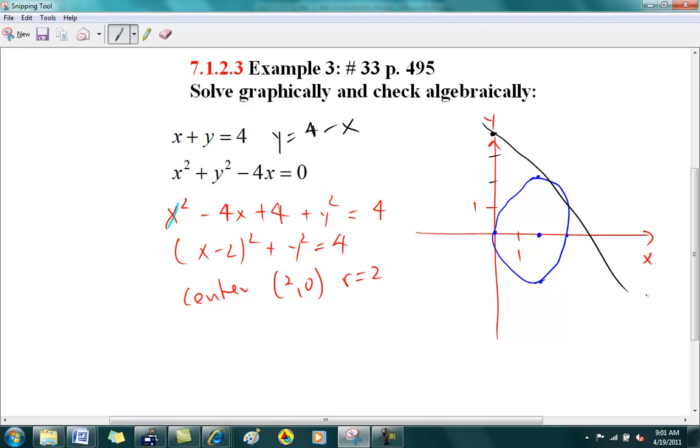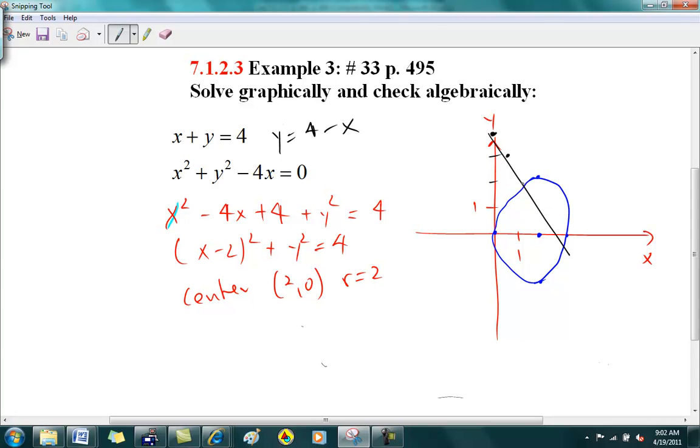I should have really done a better job. Let me change that again. I'm going to try and do a better one now. When x is 0, y is 4. When x is 1, y is 3. So it's going through there. Let me try and get a straight edge out here, put it on my computer, and see if I can do a better job. That's a little better.